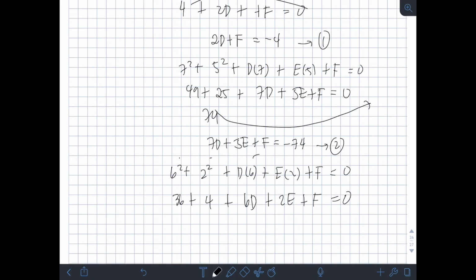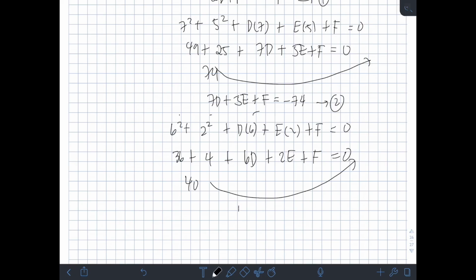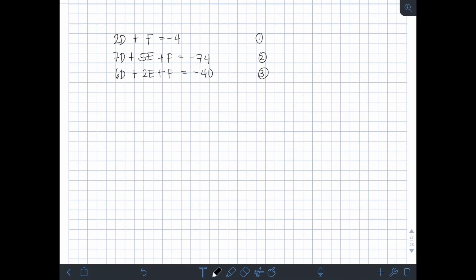So, 36 plus 4 is 40. Then, transpose uli natin dito sa right, magiging 6D + 2E + F = −40. Equation 3. Okay? So, ginather ko na yung tatlong equations na nabuo natin, yung equations 1, 2, 3.